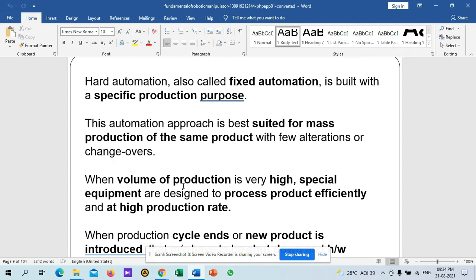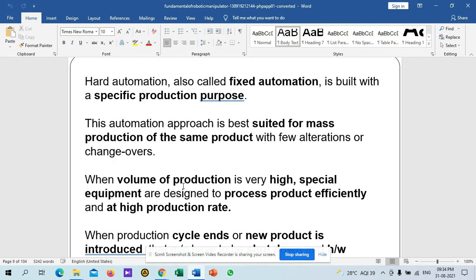So what are the features available in fixed automation? In fixed automation, there is a high production rate and automated material handling, and it is relatively inflexible in accommodating product design, right? Every automated machine has its own limitations. Here we have two limitations.